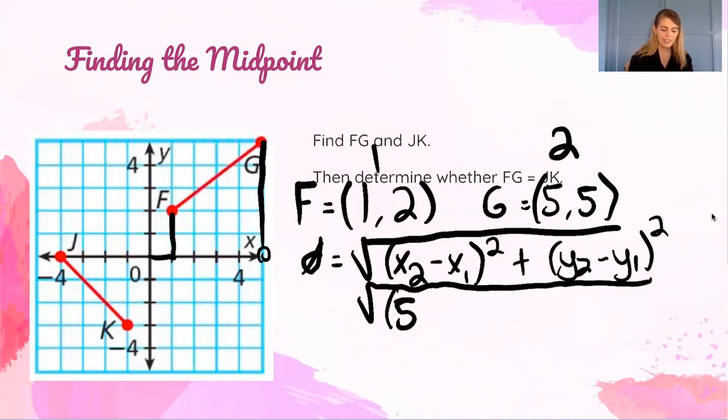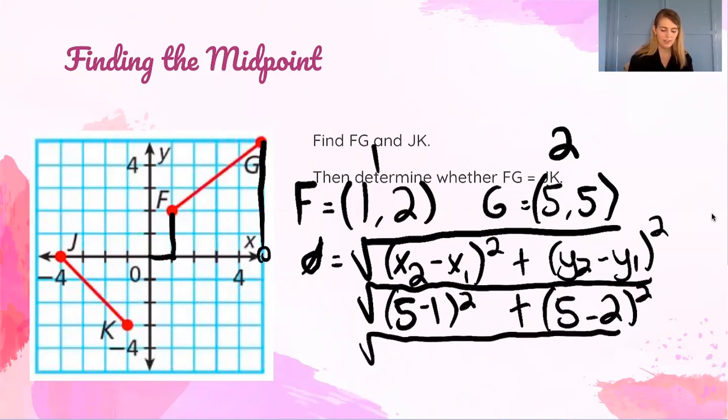So my second x is 5, my first x is 1. My second y is 5, my first y is 2. I'll subtract. 5 minus 1 is 4. 5 minus 2 is 3.